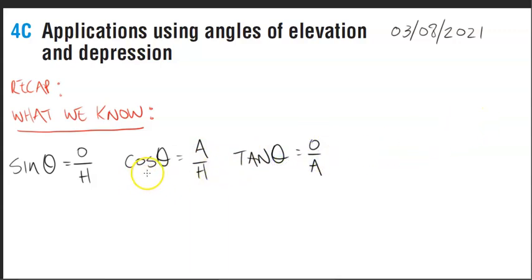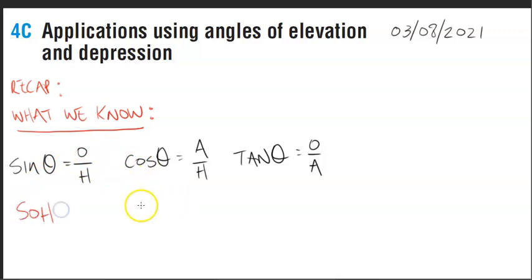If you are to give me a right angle triangle and within there you give me an angle and one of these lines, I can solve for the other line, and we just have to figure out which trigonometric identity we need to use given the lines in relation to the angle that has been given, or the position of the angle within a right angle triangle.